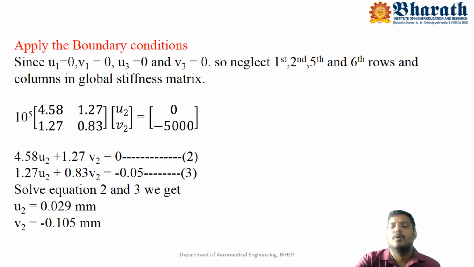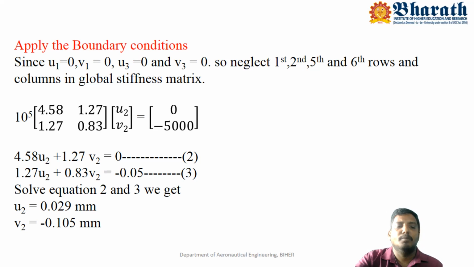In the same way, node 3 also has a hinged support, which resists the horizontal and vertical movements at nodal location 3, so U3, V3 are also 0. Therefore, we apply these boundary conditions to equation number 1. Since U1, V1, U3, V3 are all 0, we neglect the respective rows and columns, and we get the reduced finite element equations.